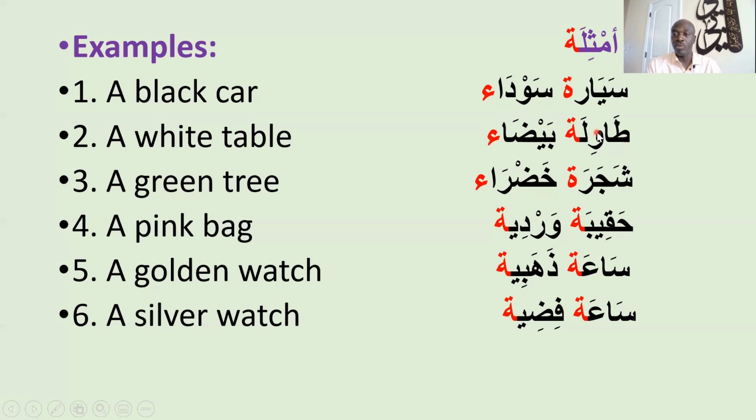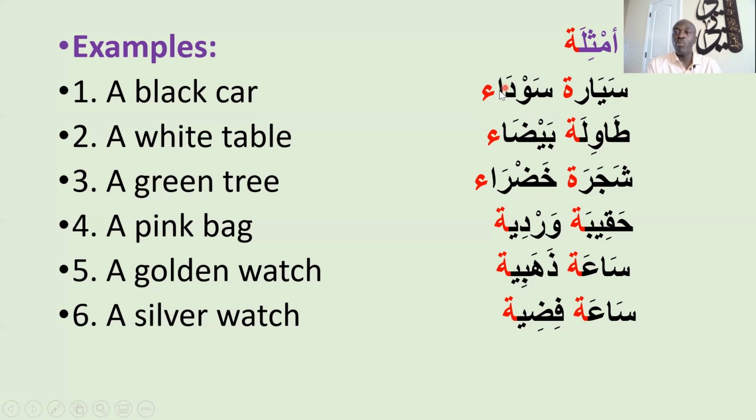We will talk about the definite and indefinite, I think not in the upcoming video, but the next one, because in the upcoming video, I will be talking about the Hamza, this one, the Hamza. And also I will be talking about the Alif Maqsura.